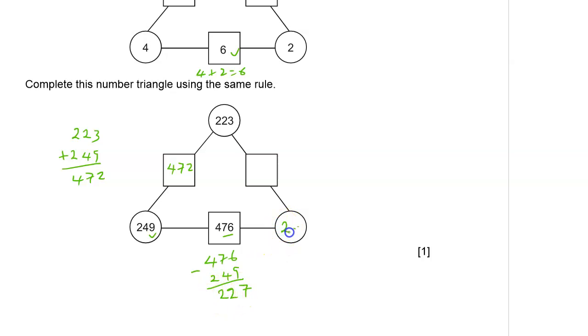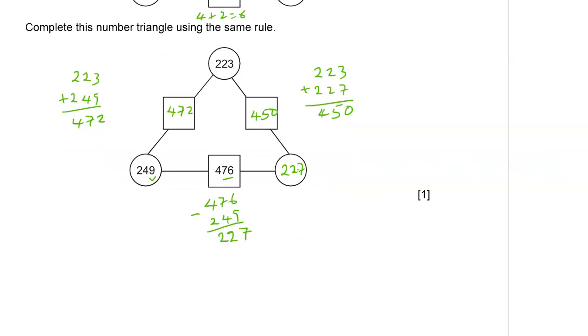So this is 227. Therefore, to get this number, we add 223 to 227. This gives us 450. So this number here is 450 right there.